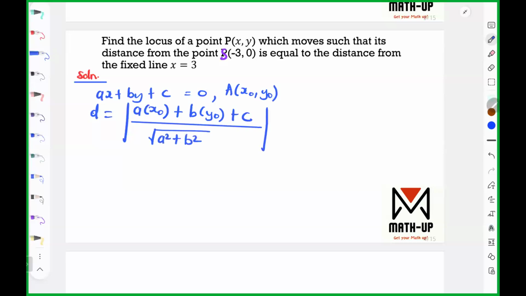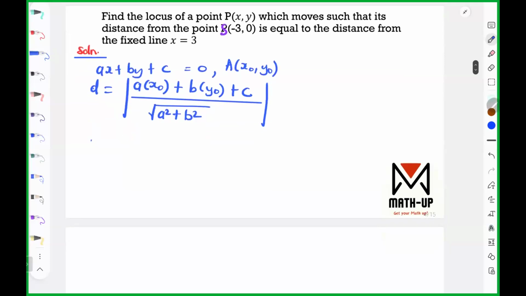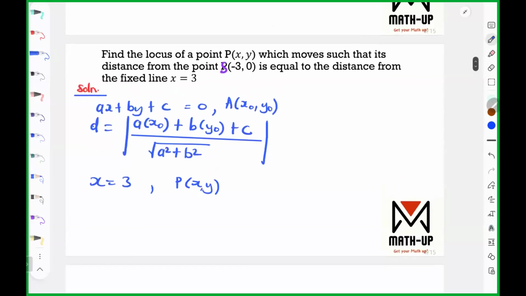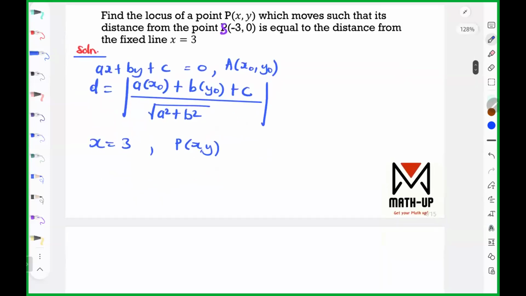So let us go back to our equation. I'm getting the distance from the line x is equal to 3 and the point P(x, y). I can first write the line in the form ax plus by plus c is equal to 0 by taking the 3 to the left-hand side. So I'll have x minus 3 is equal to 0.